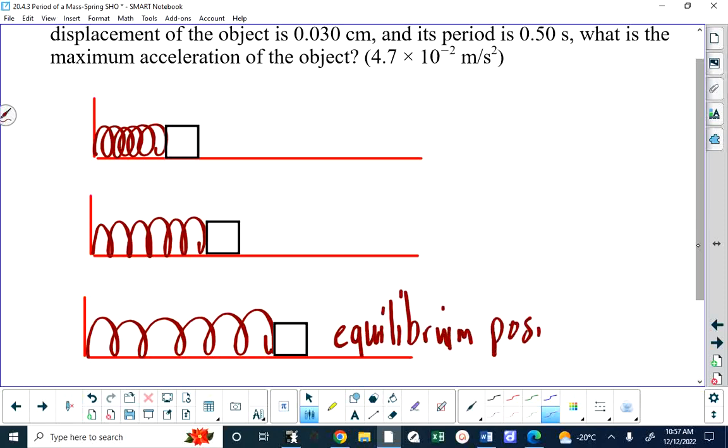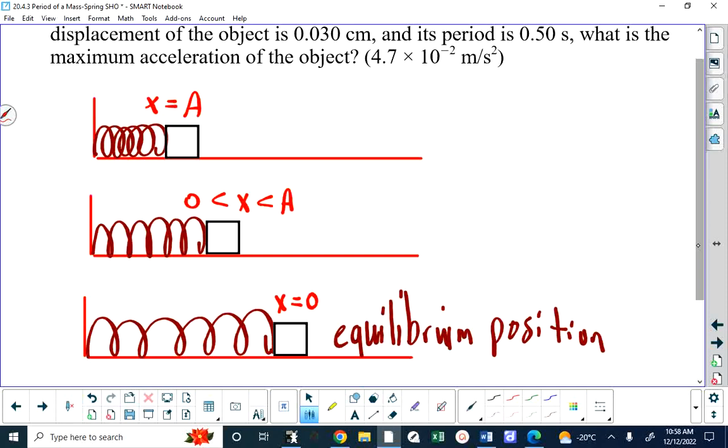And what that means, everybody, is that if that's the equilibrium position, it's going to continue moving to the right and stop some distance away on the right. And then it's going to go back to the left to the equilibrium position. It's going to continue to compress to this middle diagram, and then it's going to have full compression over here. And what I'm getting at is that this is where x equals 0. This is where x equals the amplitude, and this is where x is between 0 and the amplitude. Okay?